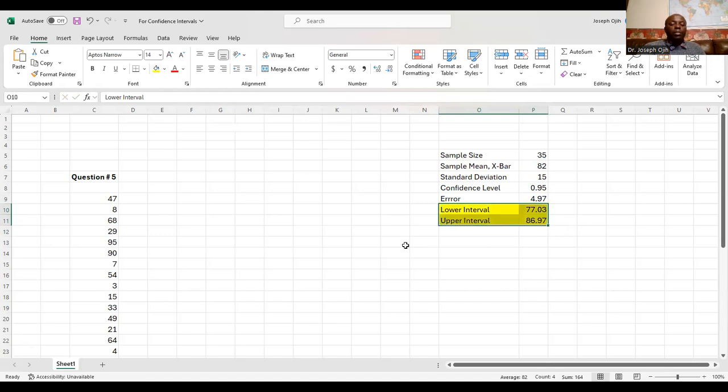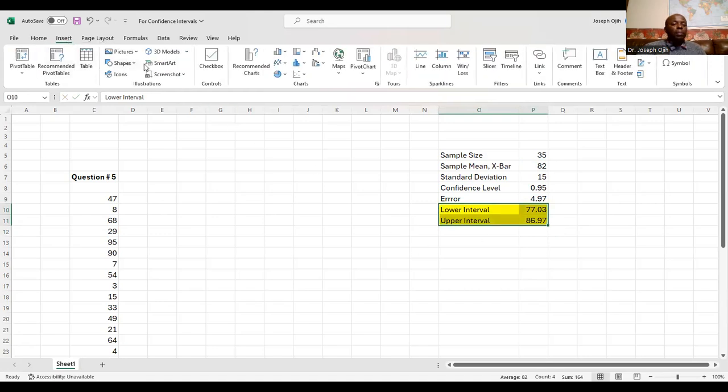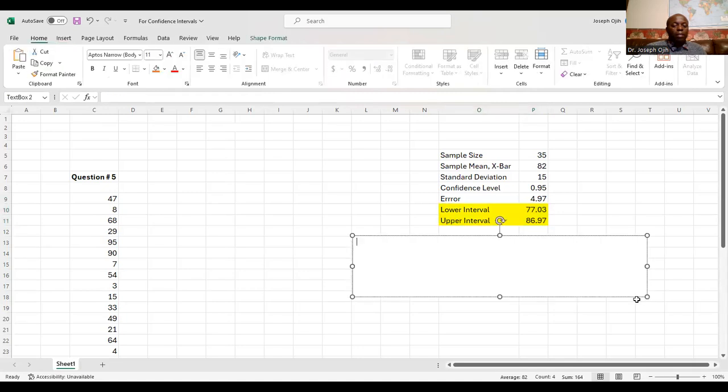And again, we can interpret it. You can even do everything here. You can interpret it and put a text box here. You can see right here, interpretation. The same interpretation we have, we can just copy it and paste it here to make it easy for us.